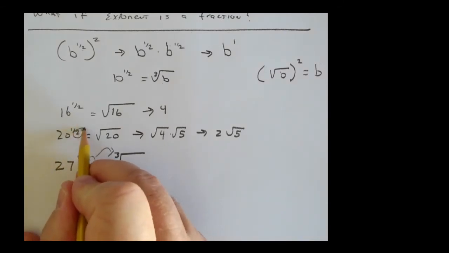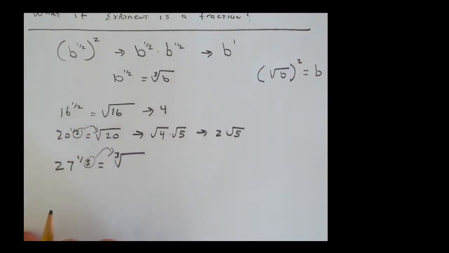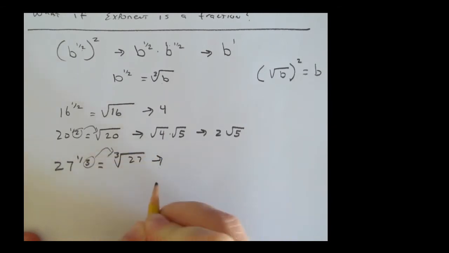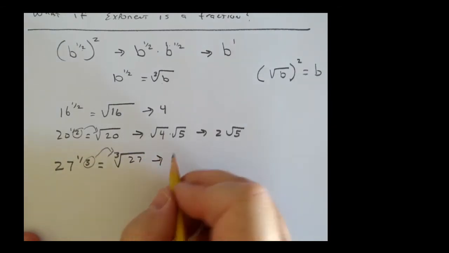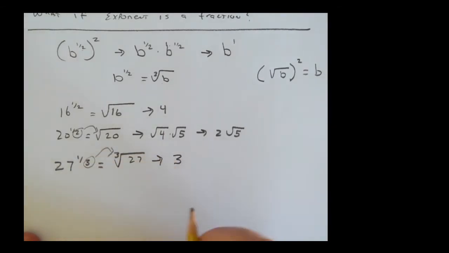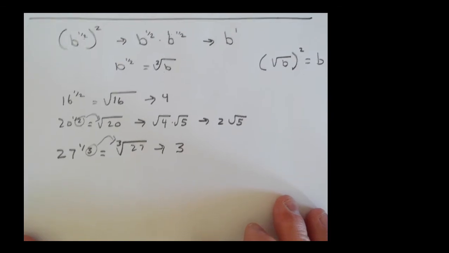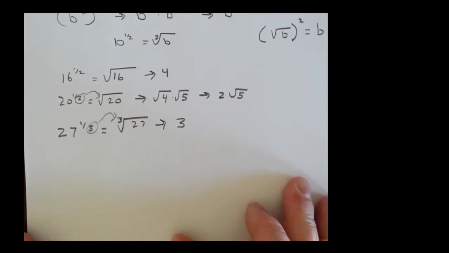Whatever is here is going to go there. That's how many times we're going to root that. So the cube root of 27 will give us 3. What times itself 3 times is 27, and that's going to be 3. All right? So we have those.